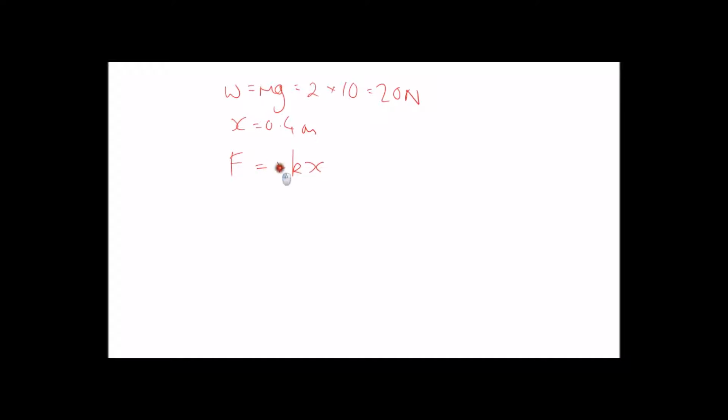Now I'm going to ignore the minus sign on the k at this stage because it's not important. So all we need to do is substitute in our values here. So k is going to be 20 over 0.4, which is 50 newtons per meter.